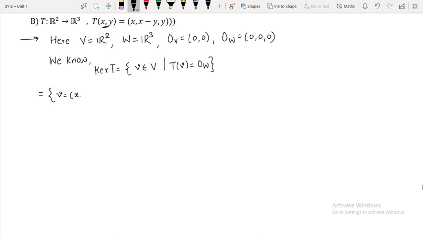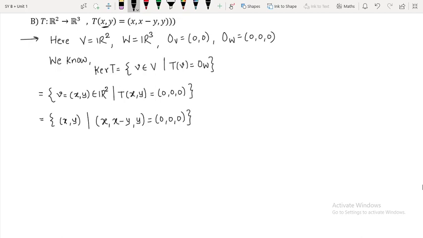V is equal to xy belonging to R2, such that T of xy is 0 comma 0 comma 0, which is further equal to set of all xy, no need of writing belonging to R2 because it is understood from the context, and our function is x minus y comma y is equal to 0 comma 0 comma 0, which is further equal to set of all xy, such that x is equal to 0, x minus y is equal to 0, and y is equal to 0.